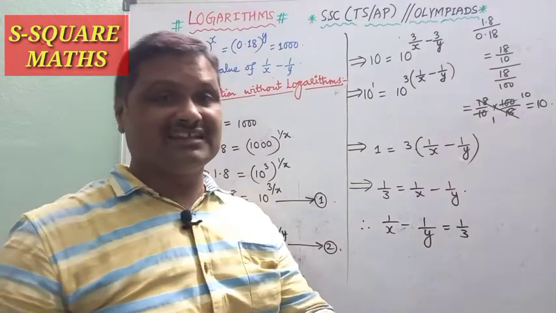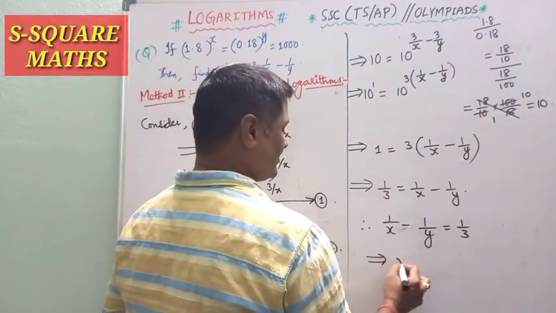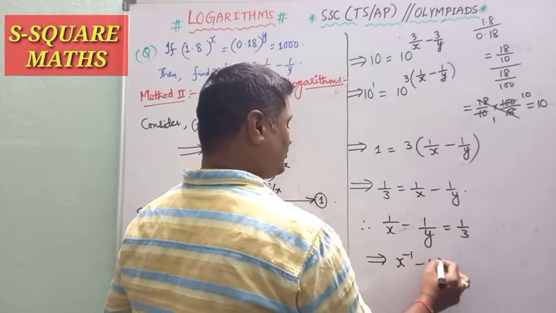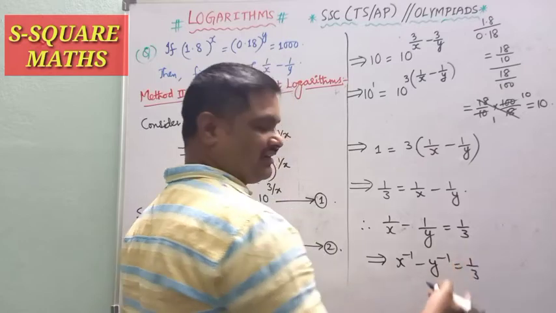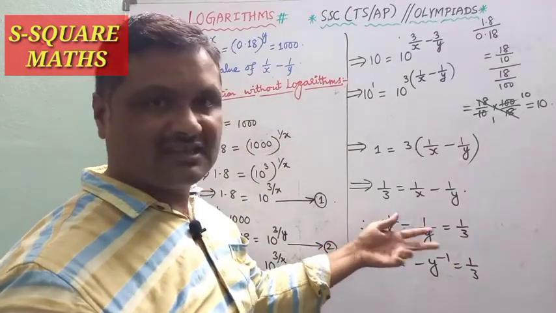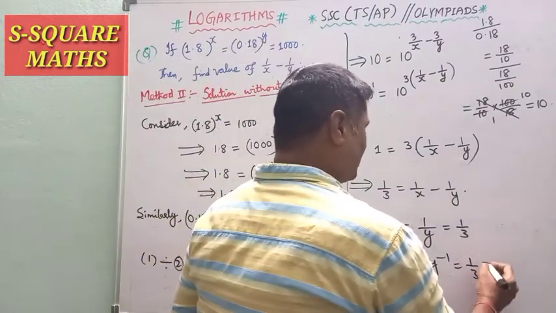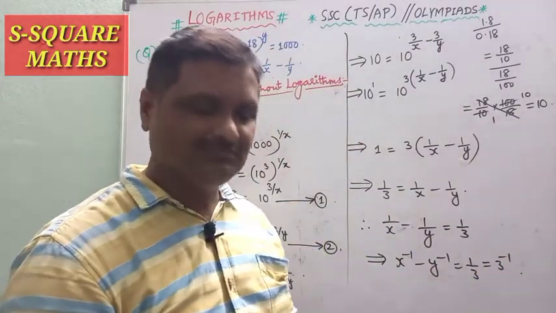So they may ask in another way also. So remember that 1 by x minus 1 by y can also be written as x power minus 1 minus y power minus 1, which is nothing but 1 by 3, or you can also write 3 power minus 1. Okay. So 1 by a power n is a power minus n. So I can write 3 power minus 1 also. So they can ask in this way also.